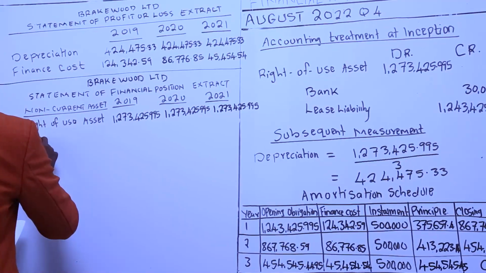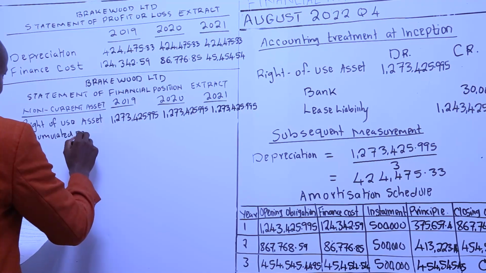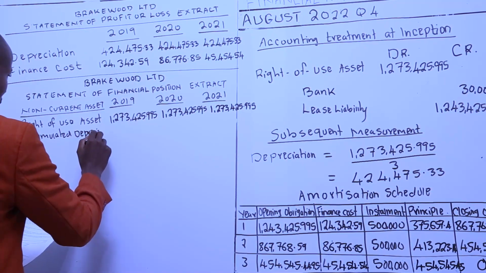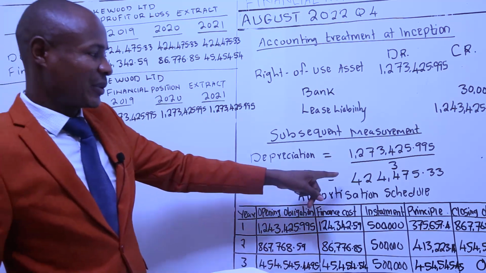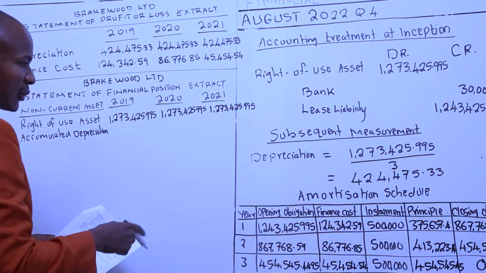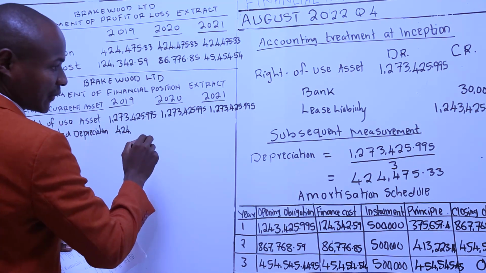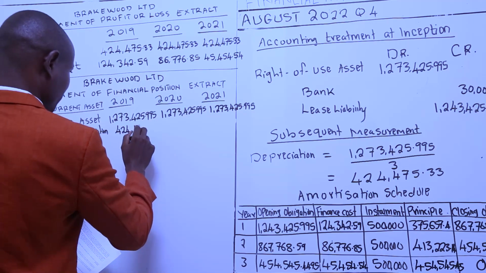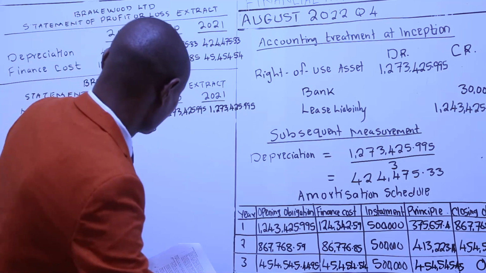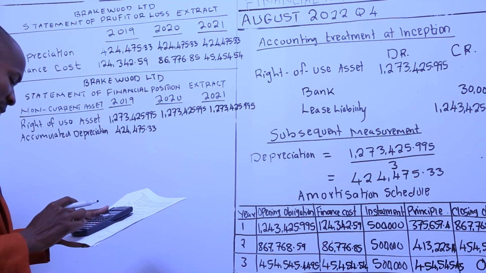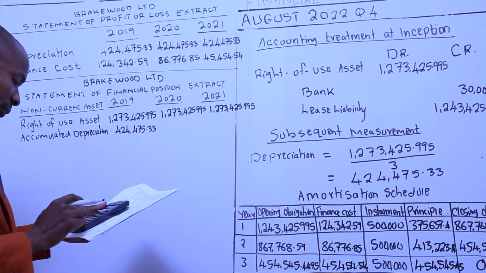Accumulated depreciation. We have calculated depreciation here for the first year as 424,475.33, and for the second year it will be 424,475.33 times 2.